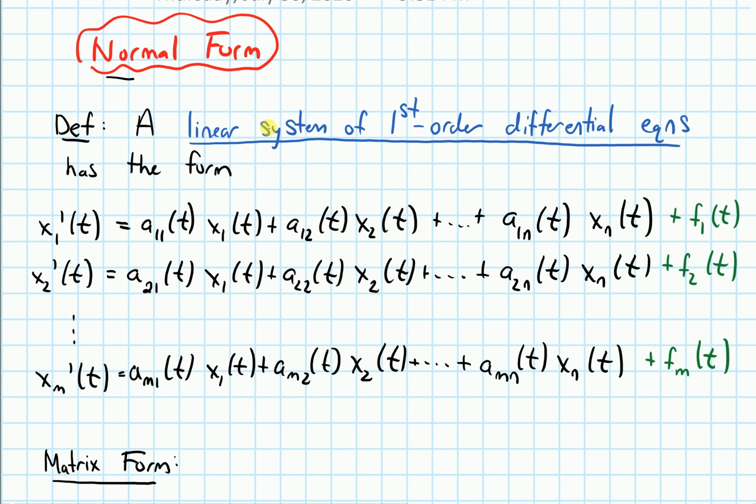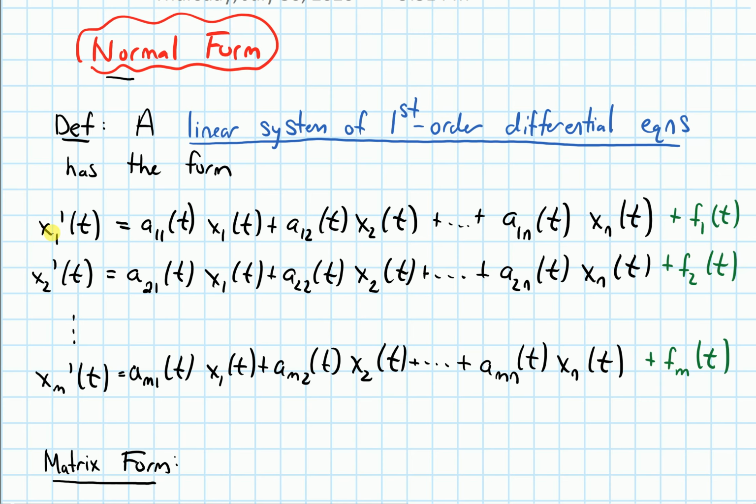A linear system of first-order differential equations has the following form. On the left-hand side, I have derivatives of functions, so derivative x1 and x2 and so on, up until xm, and each of these functions has the following form.